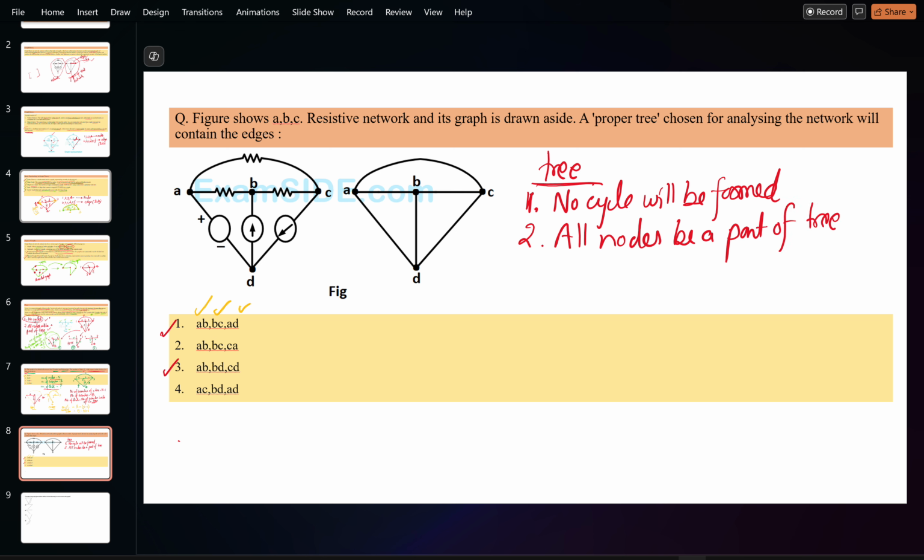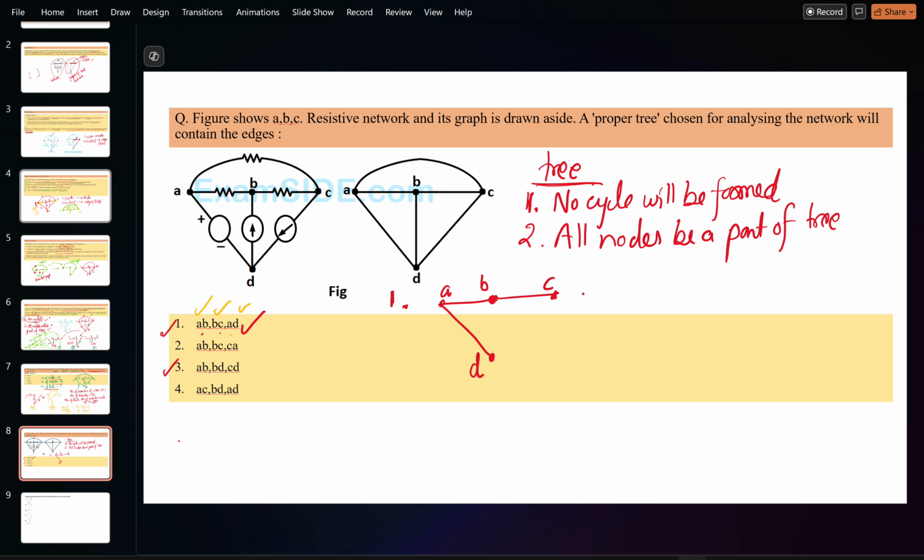Okay, so let's go with the first option. Option first is saying AB, BC and AD. So this is A, B, C and D. So these two criteria, that there is no cycle formation and that all nodes are a part of the tree, are satisfied. So the first option is correct.